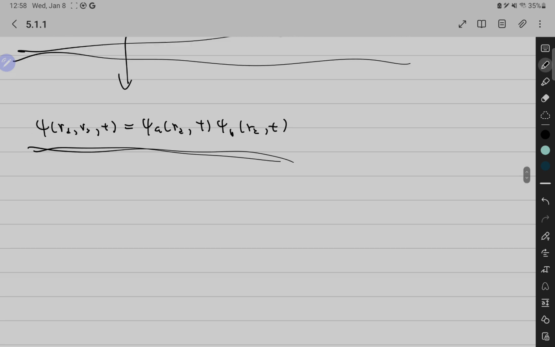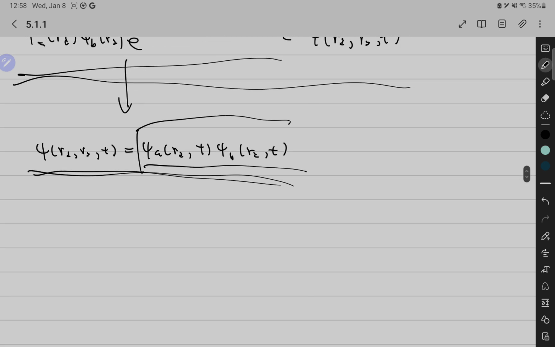Well, that implies if this is a solution to our equation, then any alpha times phi 1(R1, R2, T) plus beta phi 2(R1, R2, T) is also a valid solution for our case, right?